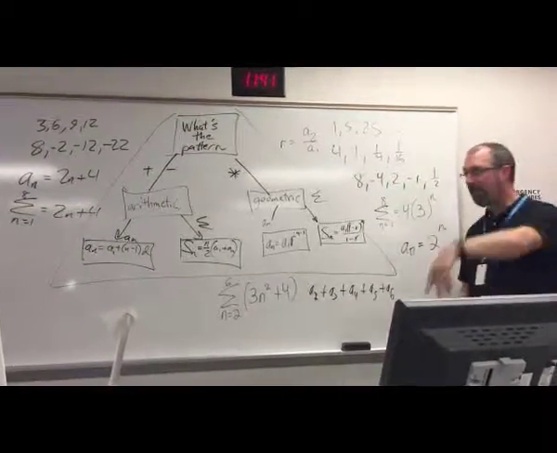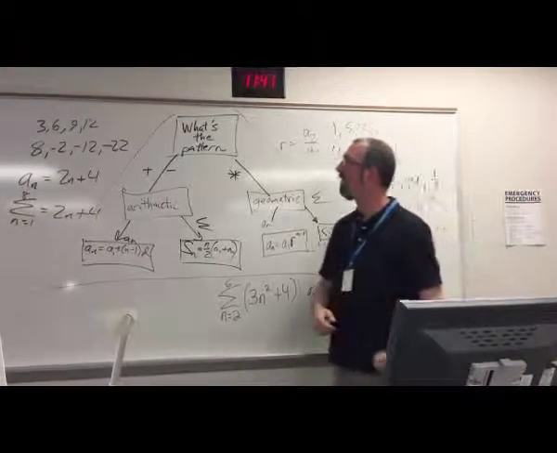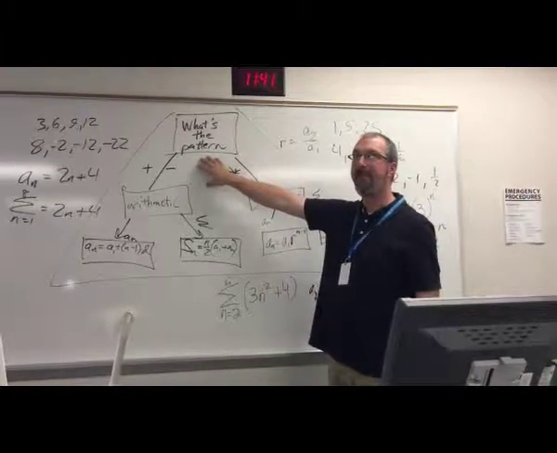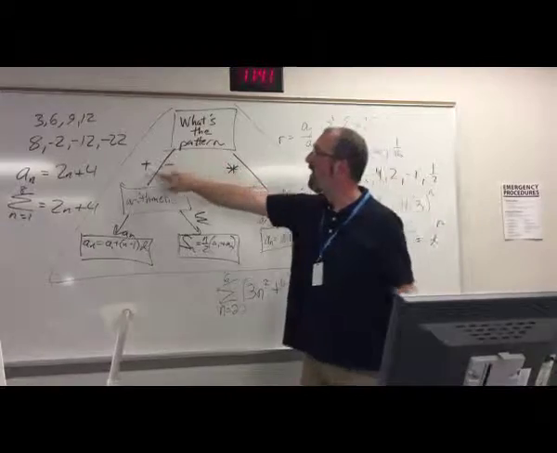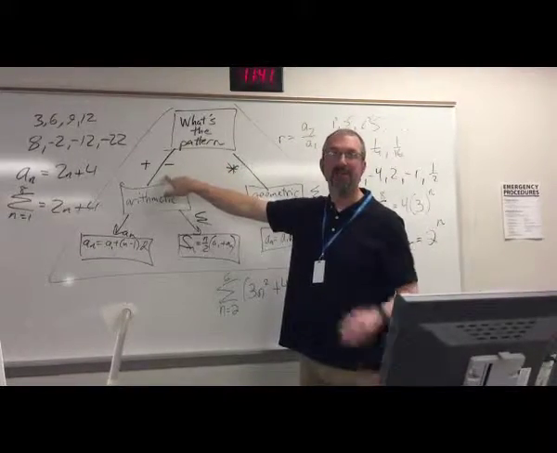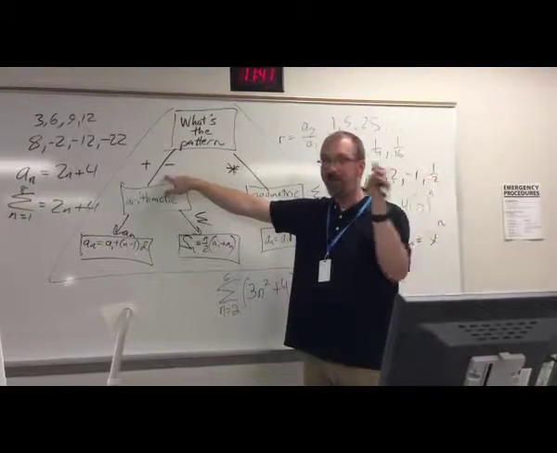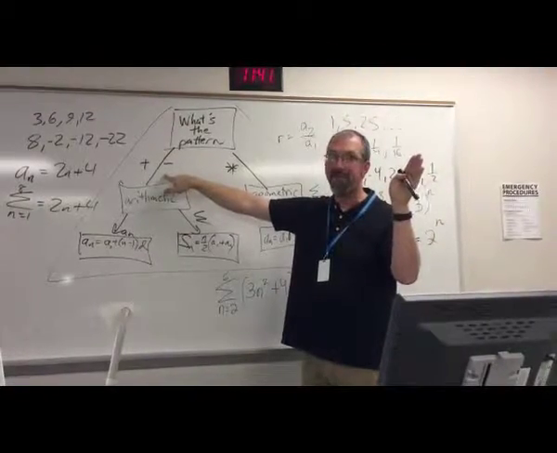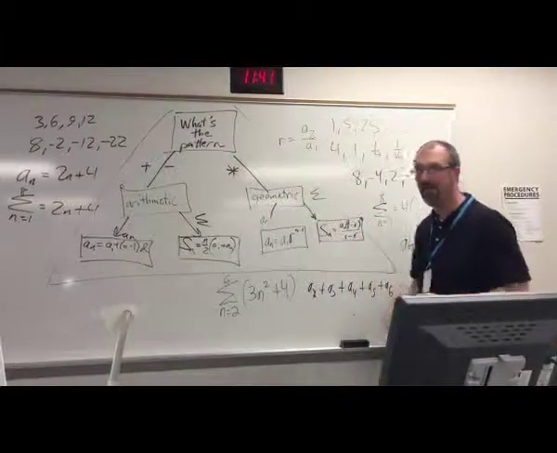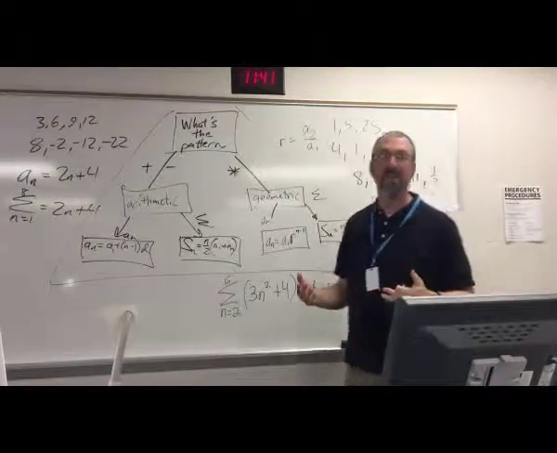To review before we end this little session here, you're always going to figure out what the pattern is first. Try addition and subtraction patterns, and it has to work for every term along the way. So even if it works for 3 terms but fails on the 4th term, it may not be arithmetic, or you may have made an addition mistake.